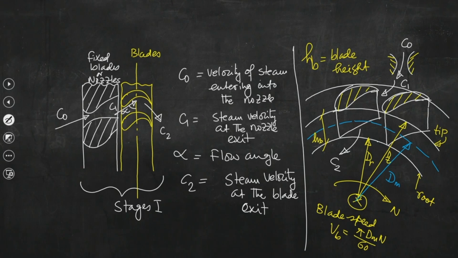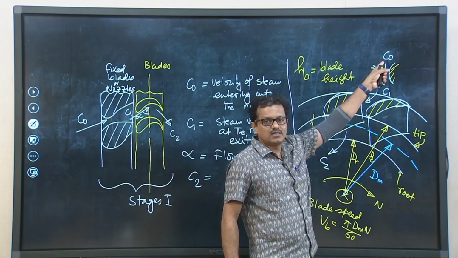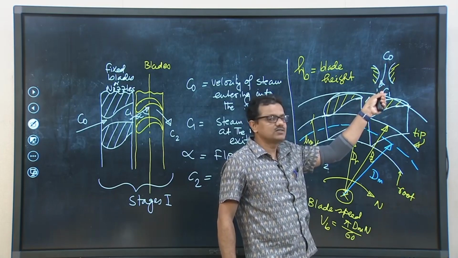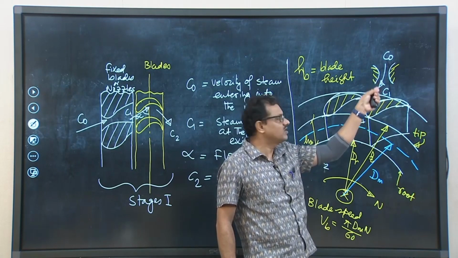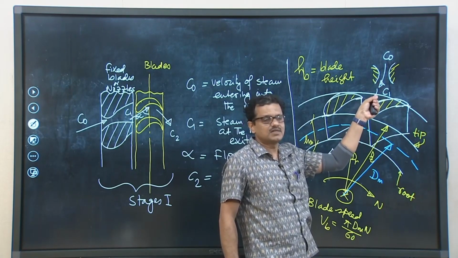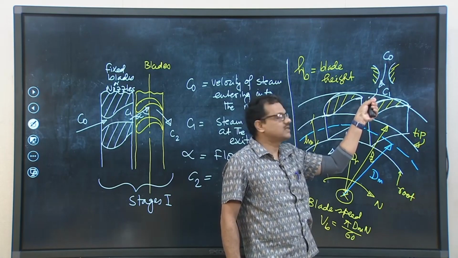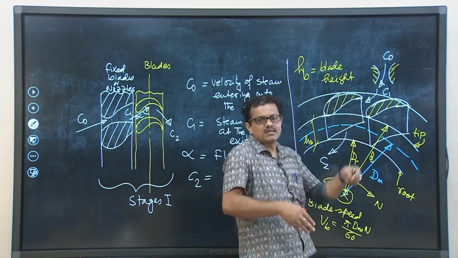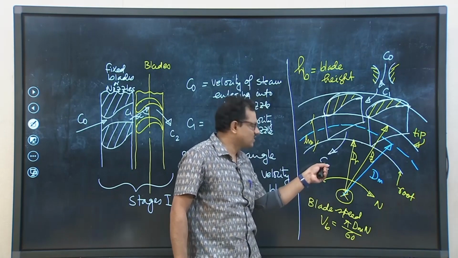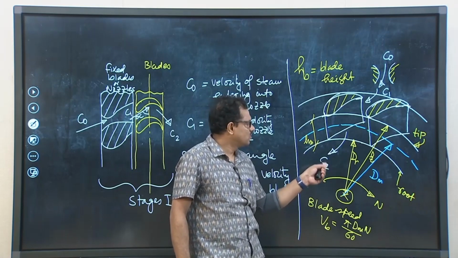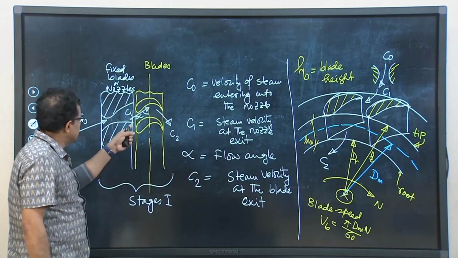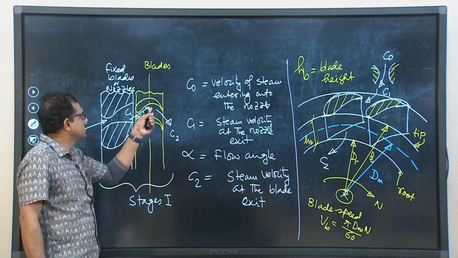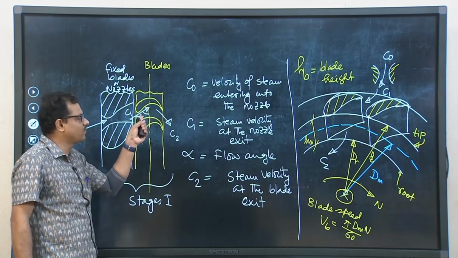So, steam is entering into the flow nozzle with a velocity C naught, steam is coming out from the flow nozzle with velocity C1, and that is definitely higher than C naught, and that is the inlet velocity of steam at the inlet of the blades, and after doing a certain amount of work, steam is coming out with a velocity C2 from the blades. So, now we have seen this is the arrangement, and the steam jet strikes the turbine blades at an angle alpha, that is the flow angle.